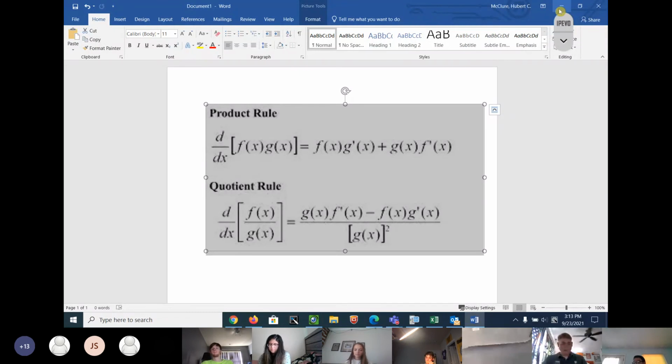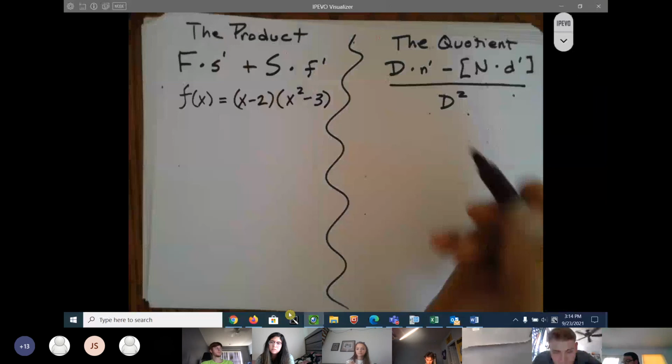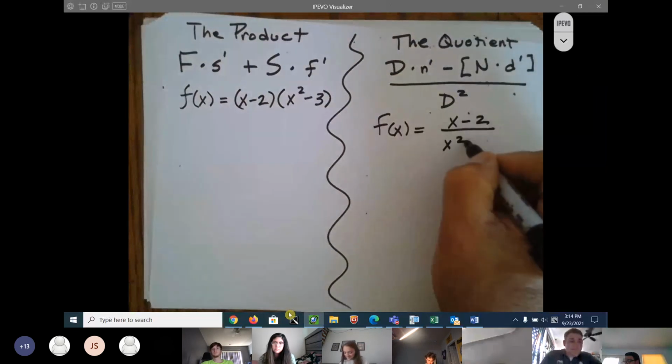Here's the example of the product rule. f of x is equal to x minus 2 times x squared minus 3. Here's an example of the quotient rule. f of x is equal to x minus 2 over x squared minus 3.